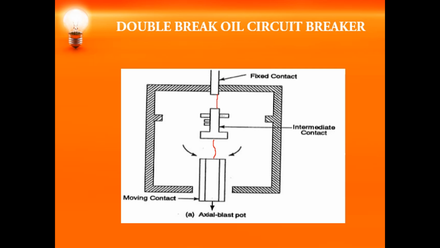The main aim here is to quench the second arc quickly, by using the gas pressure and the oil momentum due to the first arc. This is especially required to interrupt currents which are below the rated maximum current. So this is the double break oil circuit breaker.